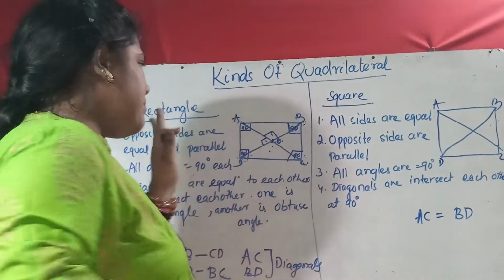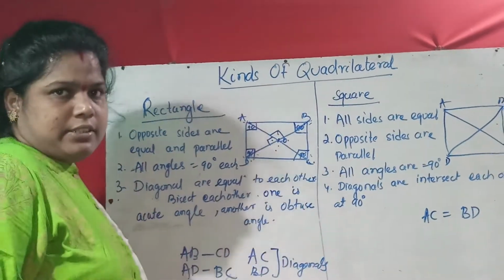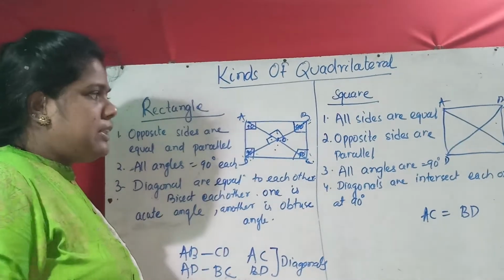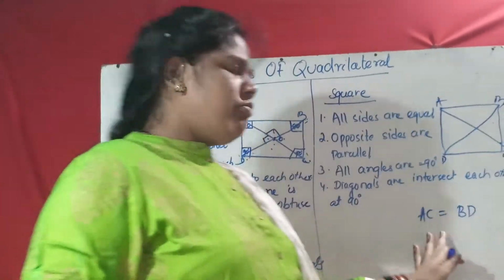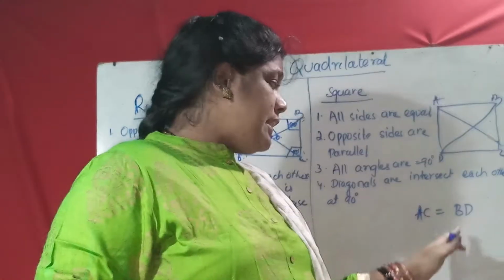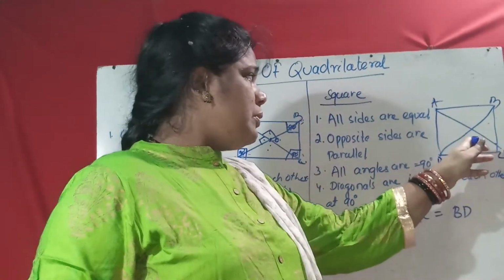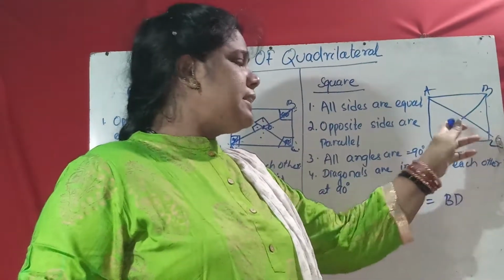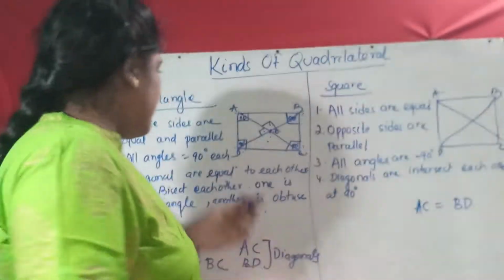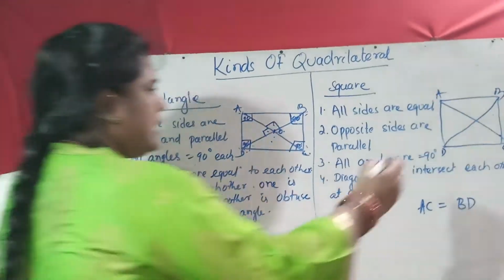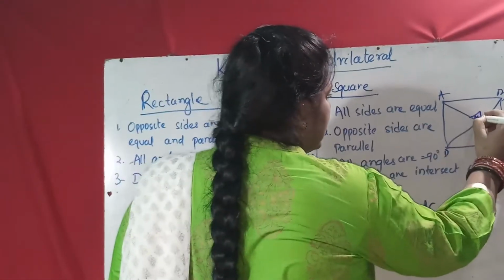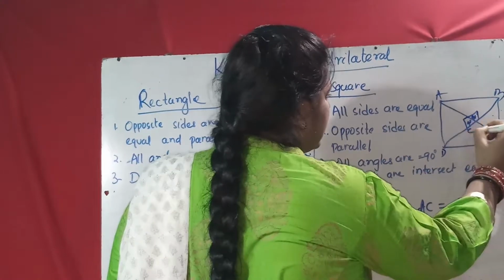All properties are the same as the rectangle. The only difference is the diagonals are equal and they intersect each other at 90 degrees, whereas in the rectangle they form an acute angle and an obtuse angle.